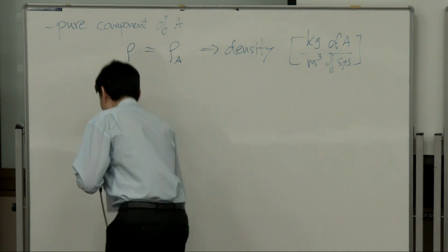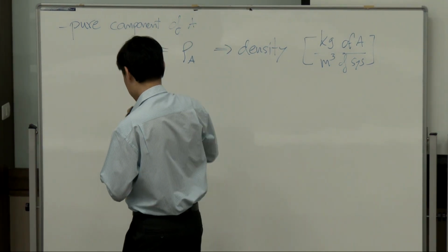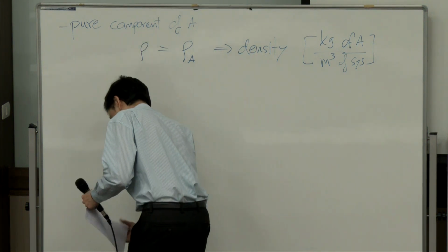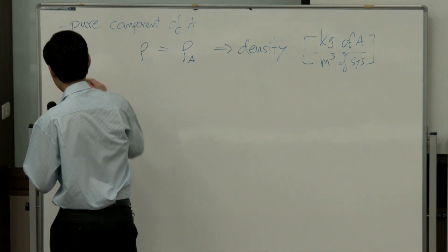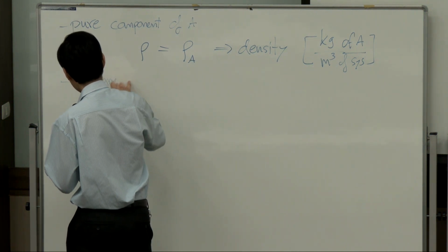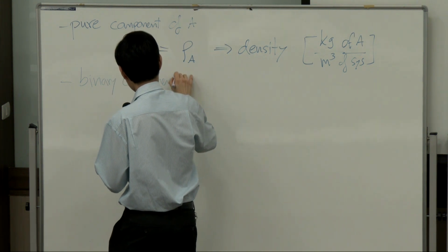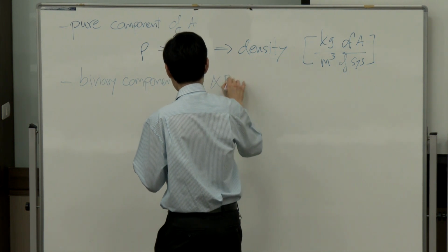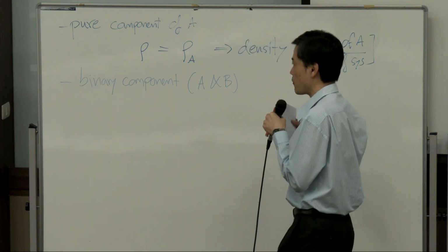Now, if I introduce another component, let's say a system of binary components, A and B. Now the system is no longer a pure component.